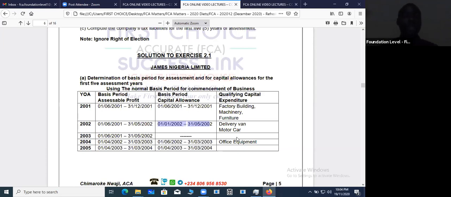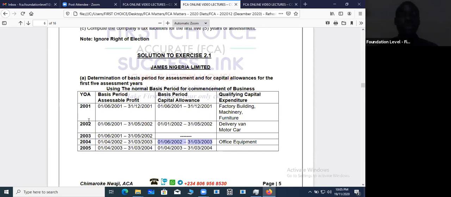In 2004, we are looking for June 1 to 31st March.